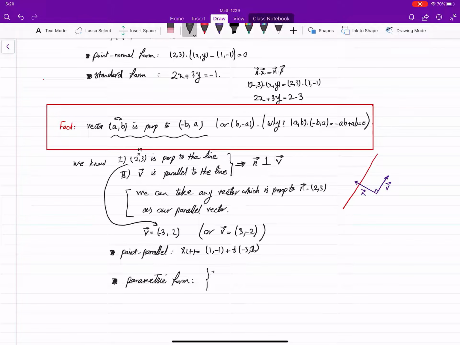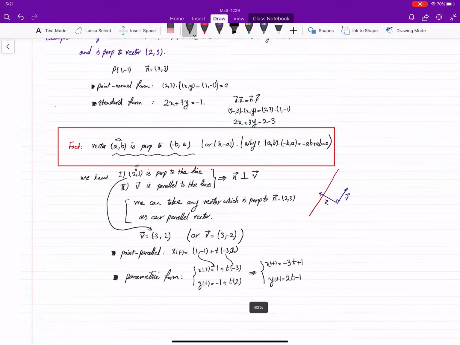This will be x(t) equals p1 plus t v1. This goes there, this goes here. And y(t) is p2 plus t v2. So x(t) is equal to -3t plus 1. y(t) is equal to 2t minus 1.